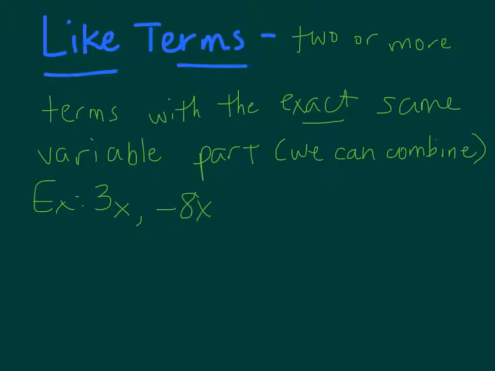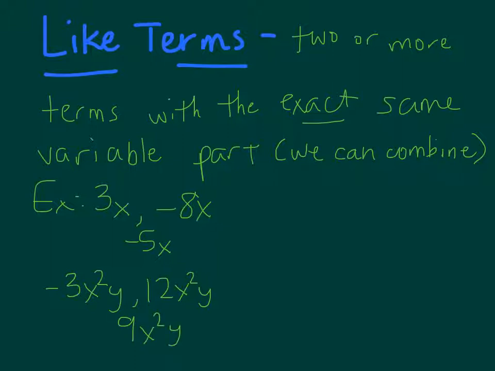And if I combine them, I'm going to add their coefficients. So 3 plus negative 8 is negative 5, and I keep the same variable part. Okay, I might also have negative 3x squared y and 12x squared y. They are like terms. I can combine them together, and I can get 9x squared y.